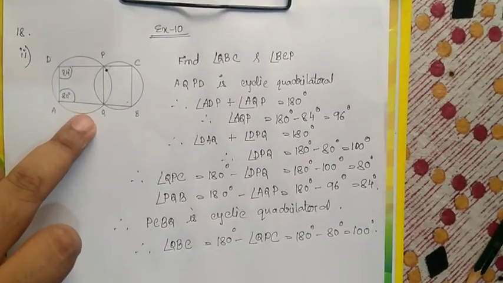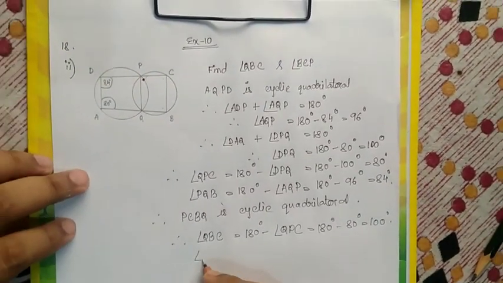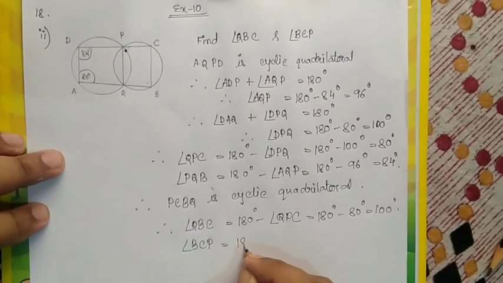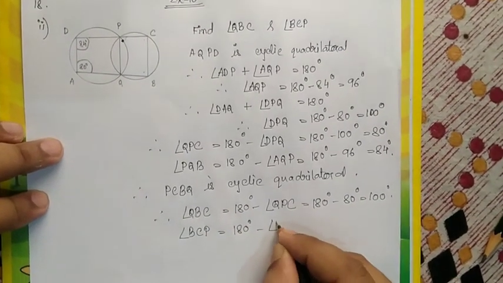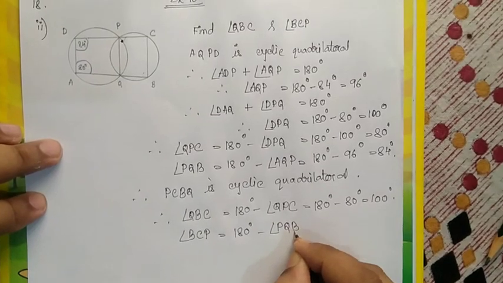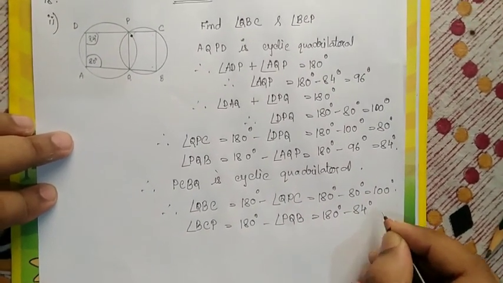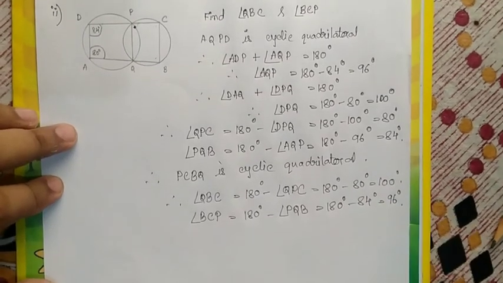Same as BCP, angle BCP equal to 180 degree minus angle PQB equal to 180 degree minus 84 degree equal to 96 degree.